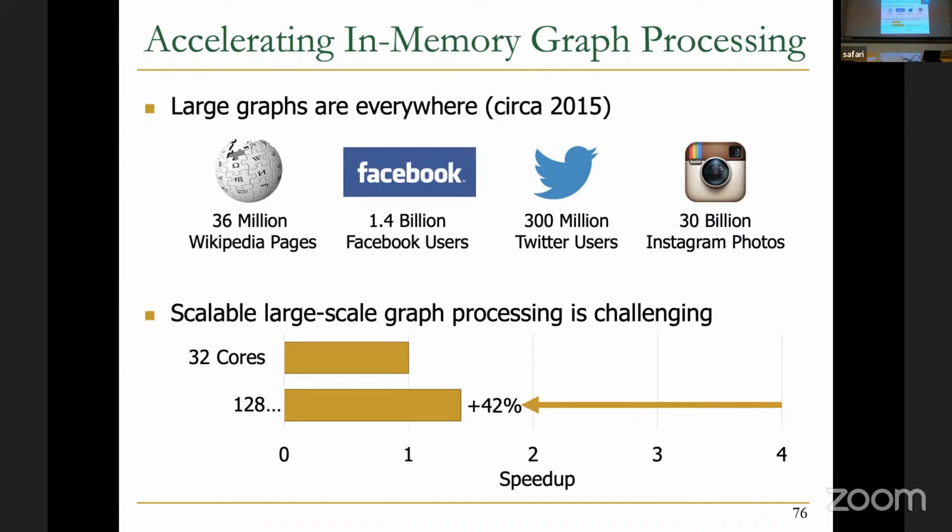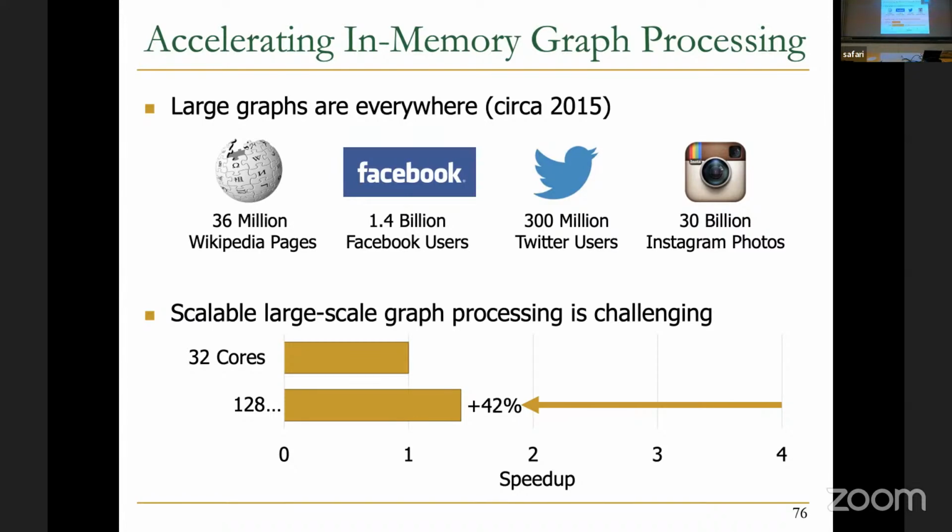Here you see some examples from Wikipedia, Facebook, Twitter, Instagram. If it's a social network, these graphs will represent how users are connected, right? And based on that, if you analyze that information in the graph, you can figure out things about the users that might be useful for someone, right?